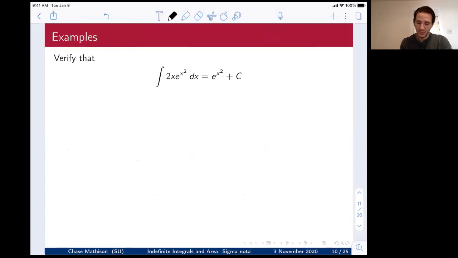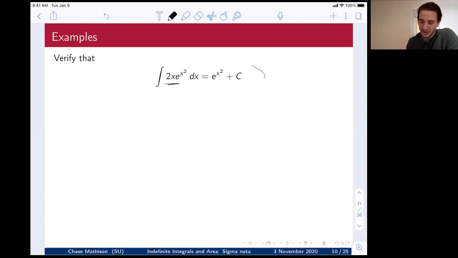Okay. So last problem as far as antiderivatives go, if we want to find the general antiderivative of 2x e to the x squared, that problem is something we're going to deal with later, probably next week.